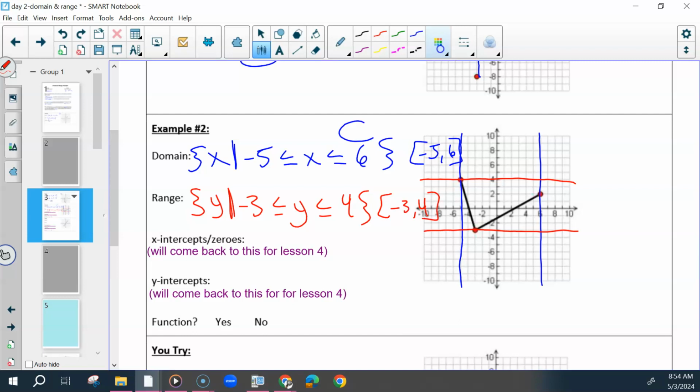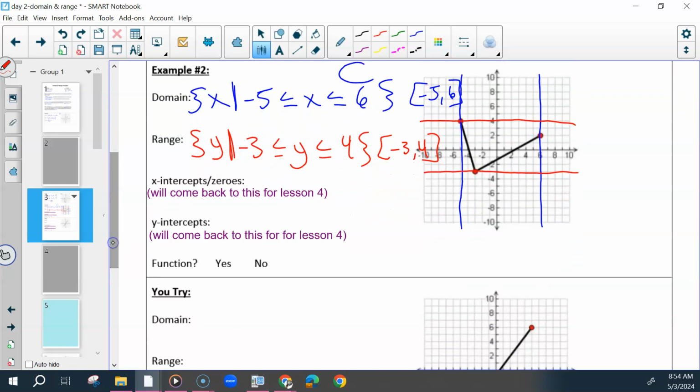Now the rest of this is just review of previously taught information. What are the x-intercepts of this? 2 and -4, so we'd write those as ordered pairs, (-4, 0) and (2, 0). We have y-intercepts.